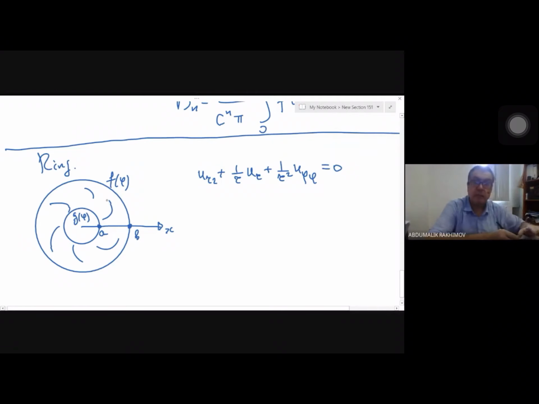We have two boundary conditions: when r is A, U is equal to G phi, and when r is B, U is equal to F phi. Your plate is heated on the internal circle by temperature G phi and the external by F phi, and you need to find the steady state.